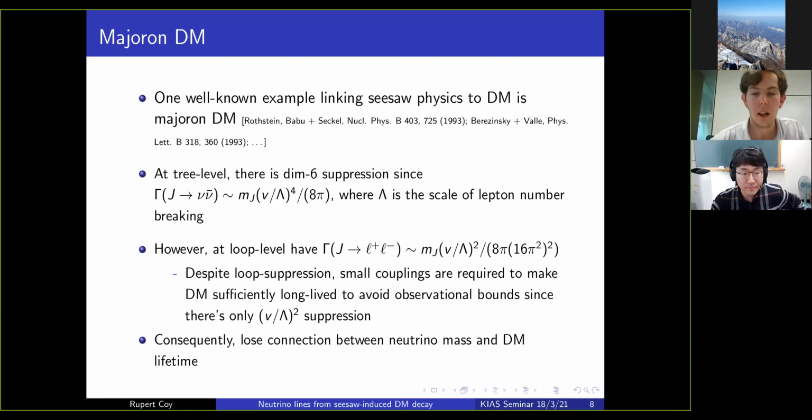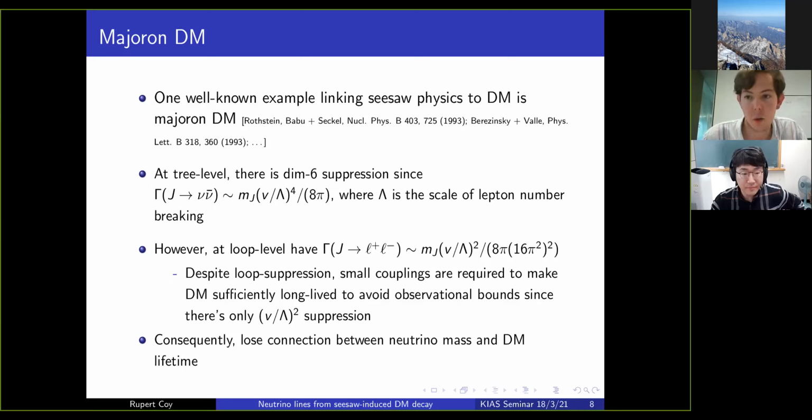Initially, this looks like a very good candidate for what I'm talking about, because you can compute the rate of Majoron to nu nu-bar. This has been done many times, and you see that it scales as the Majoron mass times the VEV divided by lambda to the 4th, where lambda is the seesaw scale, the scale of lepton number breaking here. So this is exactly the 1 on lambda to the 4th suppression that gets you that really long-lived dark matter.